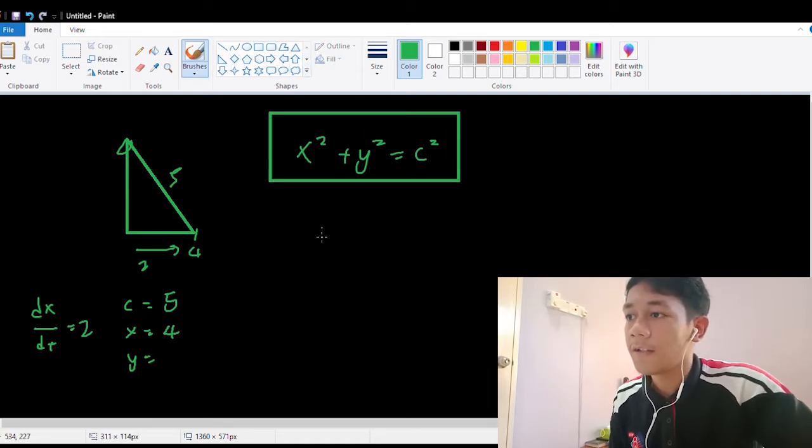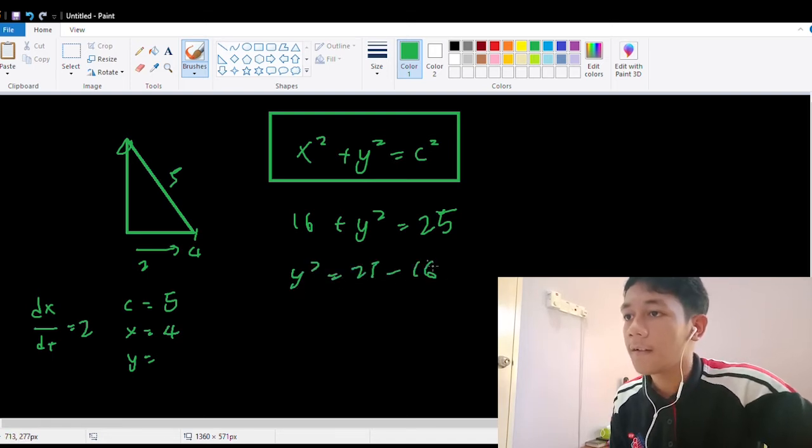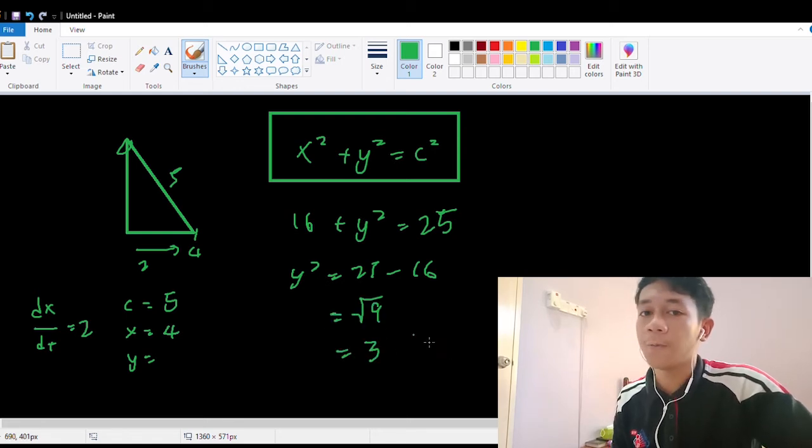So we already have x, which is 4 squared, equals 16, plus y squared equals c squared, 25, and we just need to move it. y squared equals 25 minus 16, which is 9, and the square root of 9 is 3. So y is 3.